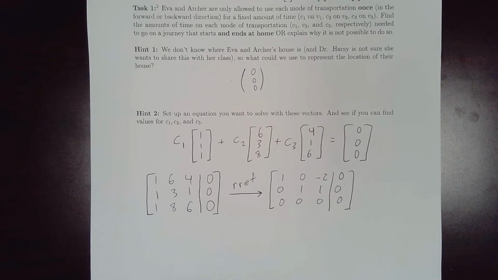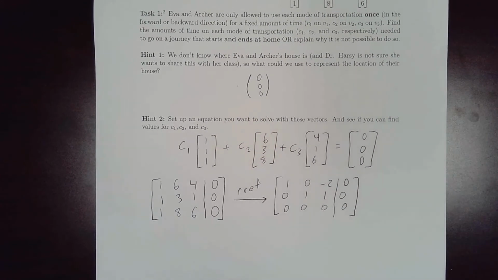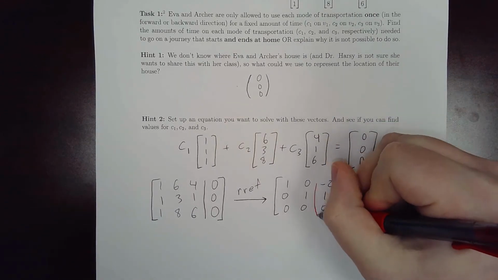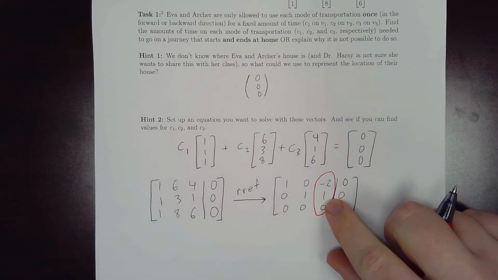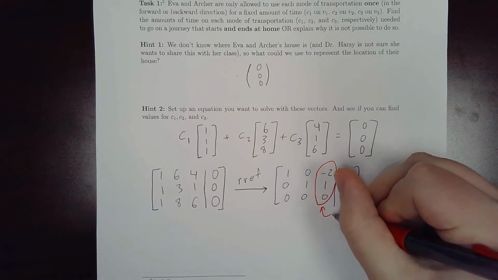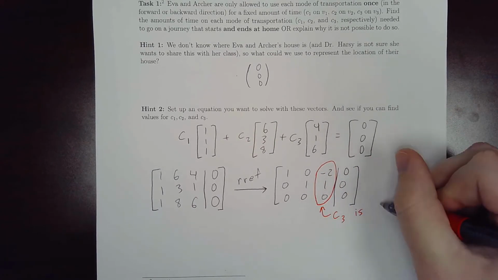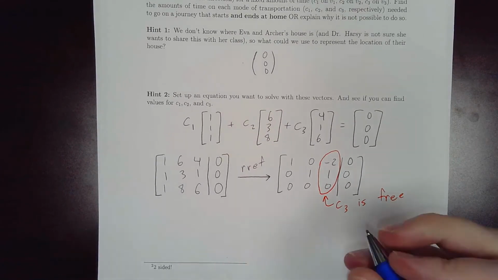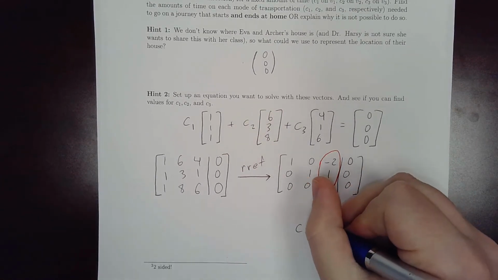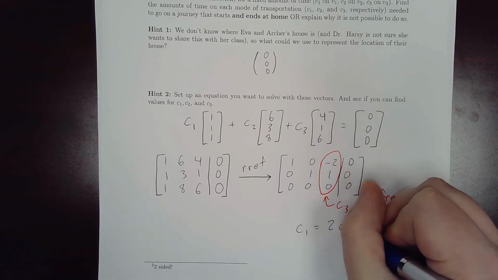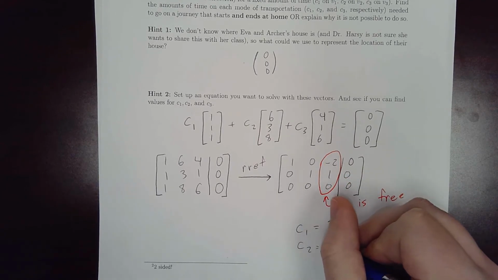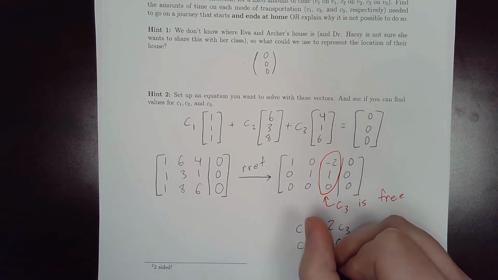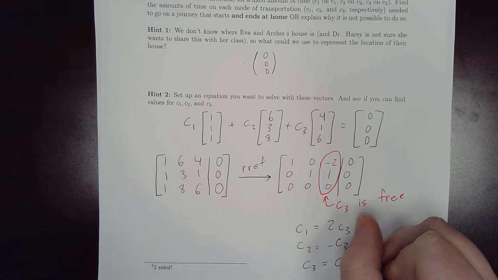Now notice that in this reduced row echelon form, because we have a column that doesn't have a leading 1, C3 is a free variable. And so this gives us C1 equals 2C3, C2 equals negative C3, and C3 equals C3.